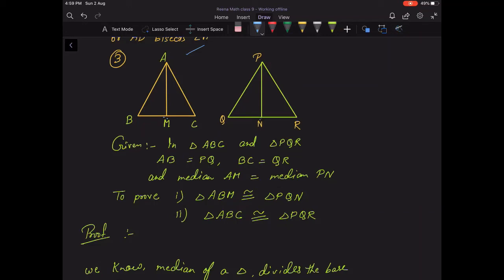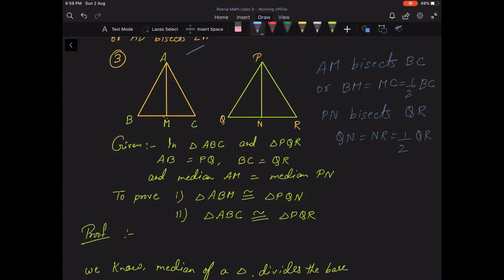So, clearly we can write AM bisects BC, or BM will be equal to MC, both are equal to half of BC. Similarly, PN bisects QR and we can write QN is equal to NR is equal to half of QR.